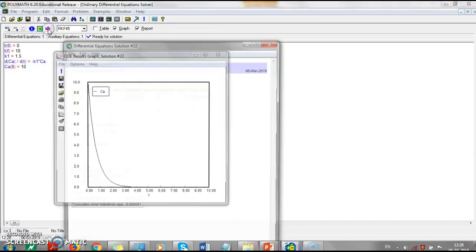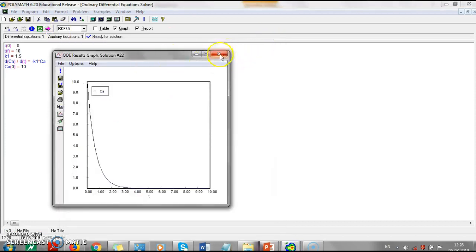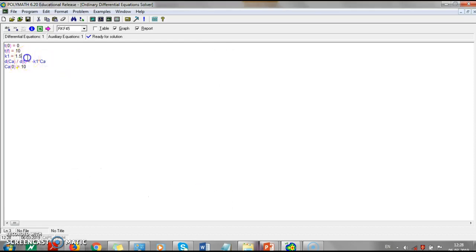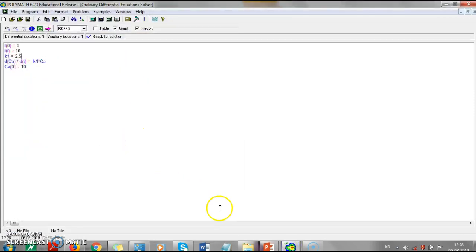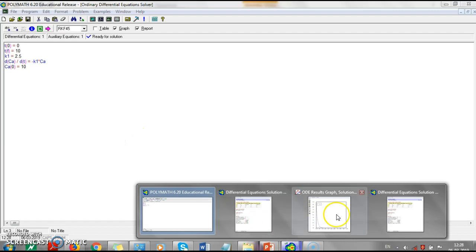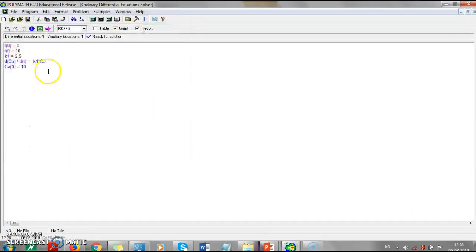Now suppose we make it 2.5, and we can see that the results have changed further, and it is almost 1 to 2 time units. So K can be like this.